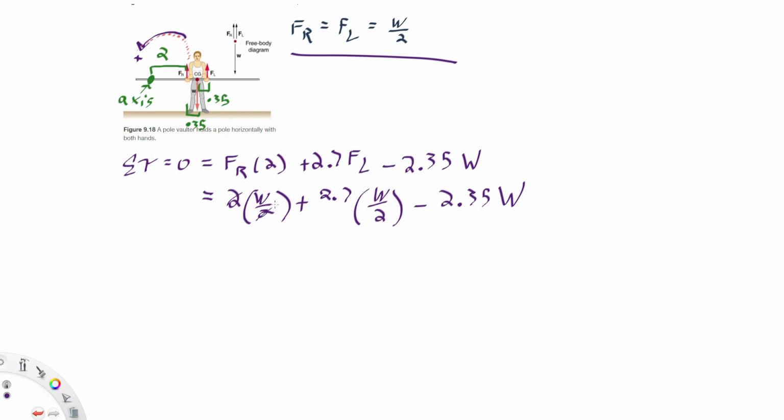So these 2's are going to cancel. The 2.7 divided by 2 is going to be 1.35. And so if we add these together, we've got 1W and 1.35W for a total of 2.35W.